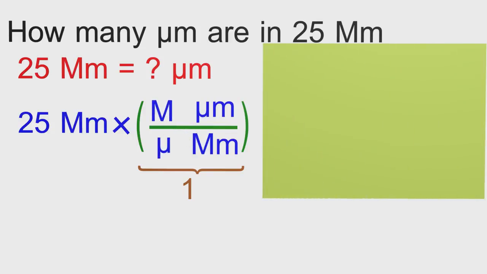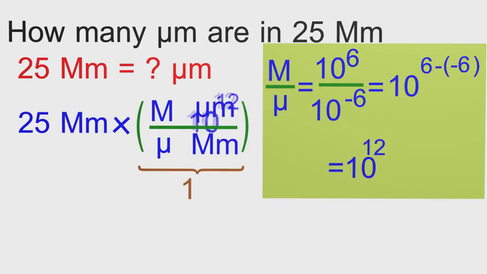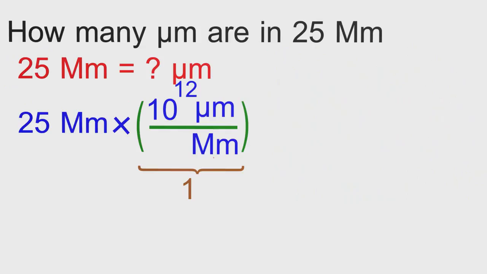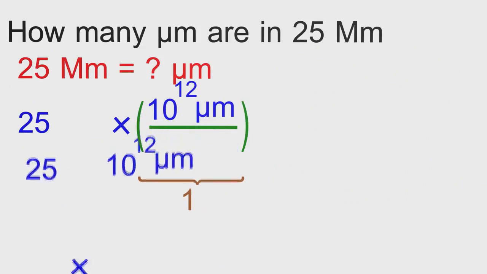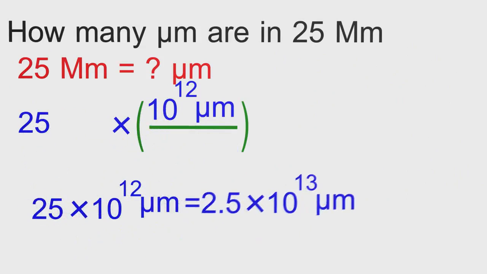Now we have to calculate this amount. Identical prefixes are removed together. We get the final answer. We write it as a scientific notation.